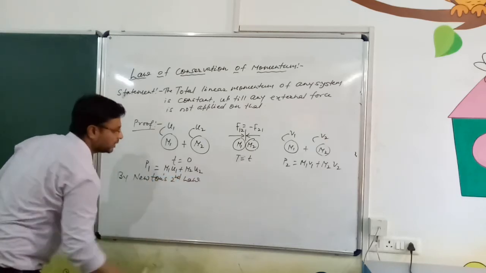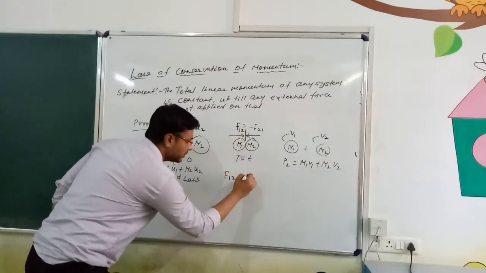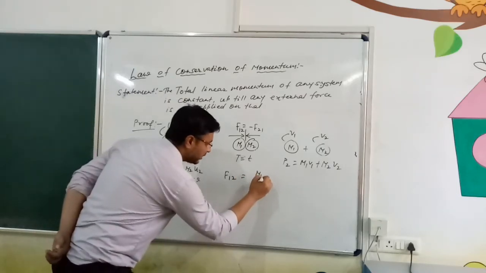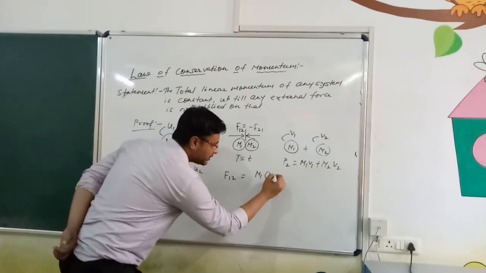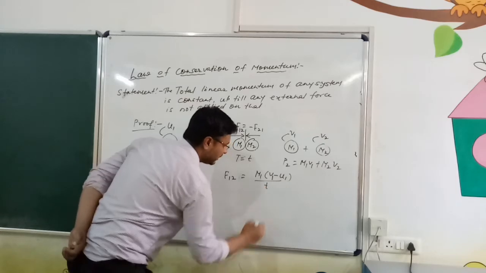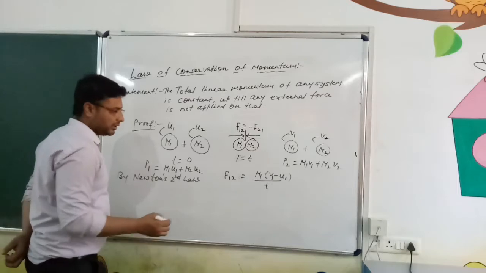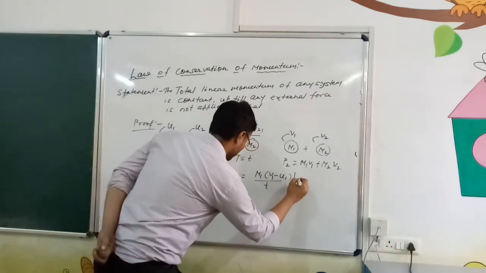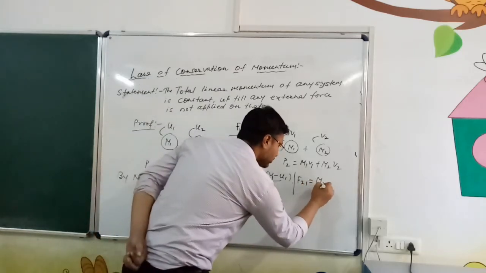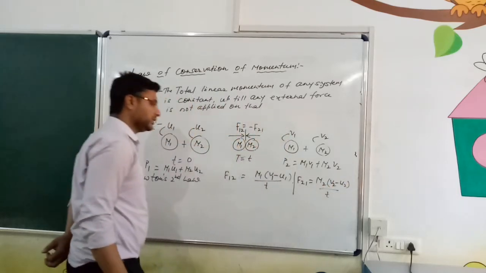By the second law, F12 equals m1 times v1 minus u1, upon t, with final velocity v1, initial velocity u1 and time t. Similarly, F21 equals m2 times v2 minus u2, upon t.